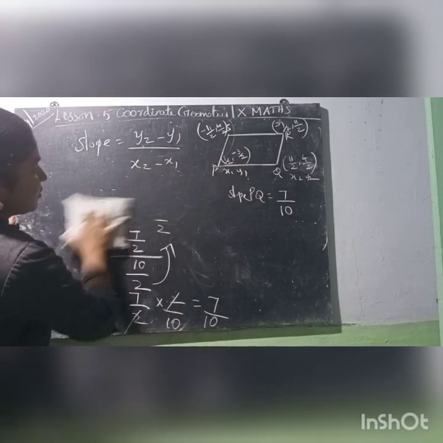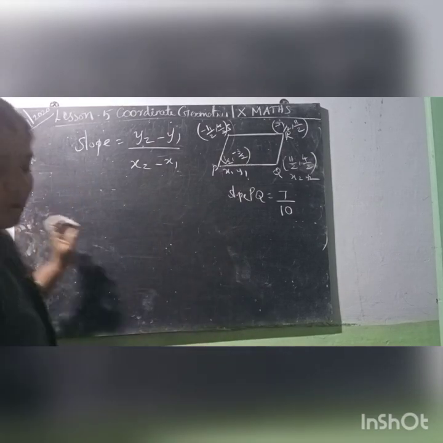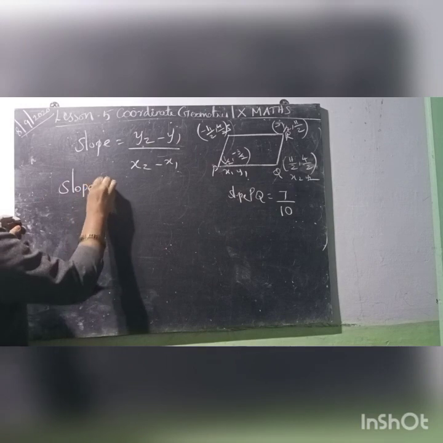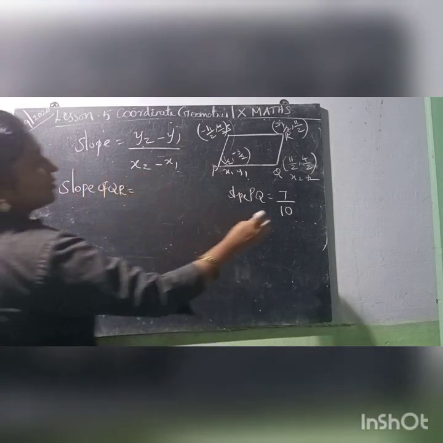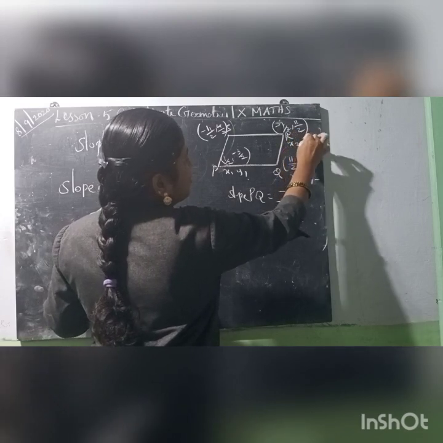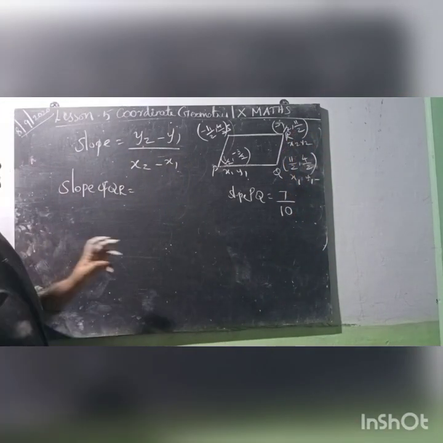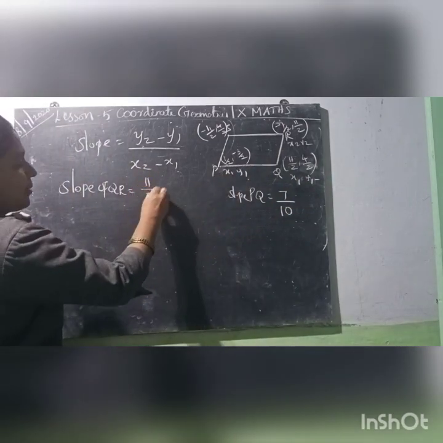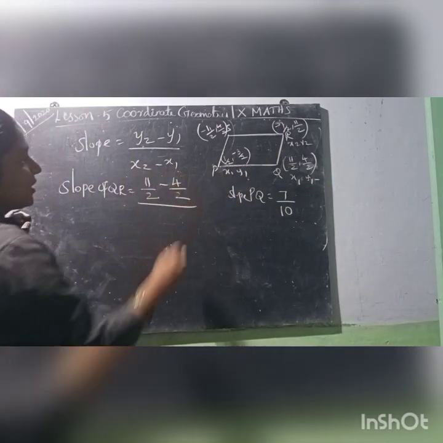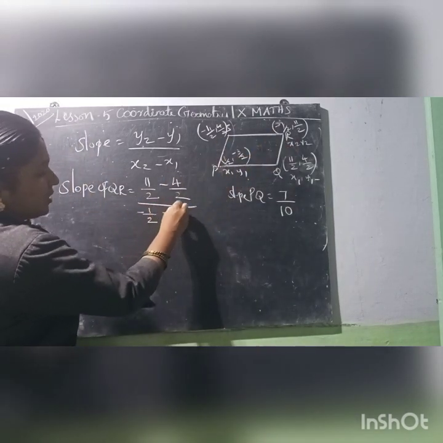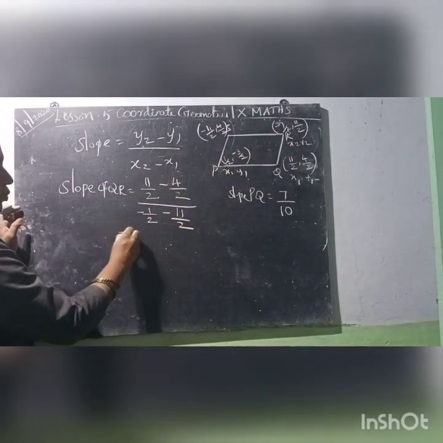Next we want to find out slope of QR. Q is x1 y1 now and this is x2 y2. Substitute here: y2 value is 11 by 2, y1 value is 4 by 2. So 11 by 2 minus 4 by 2 divided by x2 minus x1. x2 value is minus 1 by 2, x1 value is minus 11 by 2.